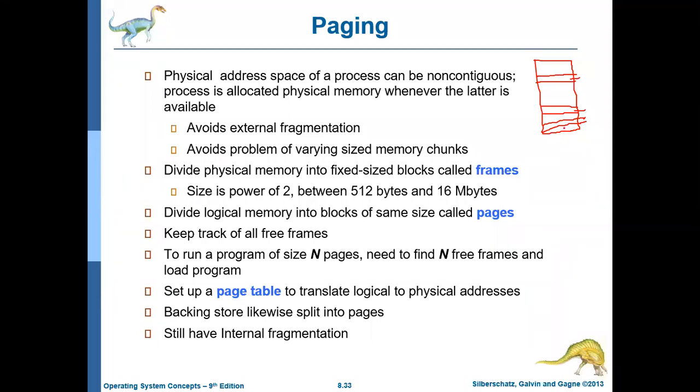That's why you cannot store a 5 MB process here with contiguous memory allocation techniques. So there we can say we were having a problem of external fragmentation. Now here we can store a process in different locations. We can even divide the addresses in different locations. So here external fragmentation will not be there. We are removing that external fragmentation problem.